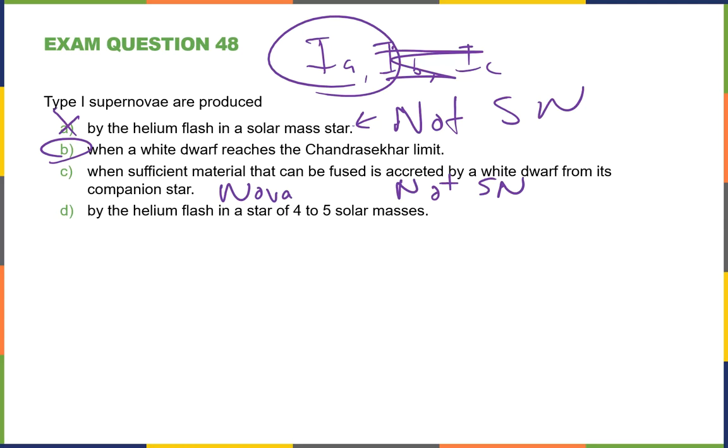So it's basically a big explosion, but it's on the surface. The white dwarf doesn't care. It's on the exterior, and then it just goes on. And the helium flash is a star of 4 to 5 solar masses. Again, not a supernova. So it actually didn't matter that it said type 1, because only one answer was a supernova.